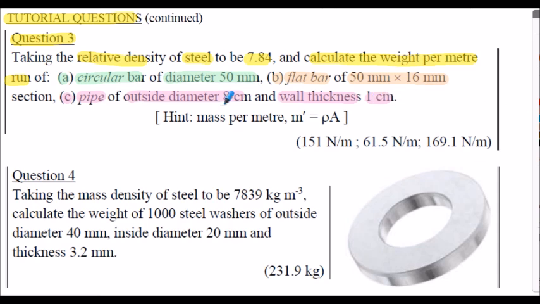We're given a hint in the question to calculate the mass per meter, shown as m dash here. It's simply going to be the density multiplied by the cross-sectional area.